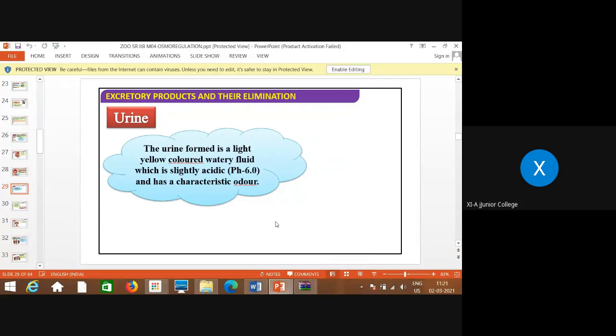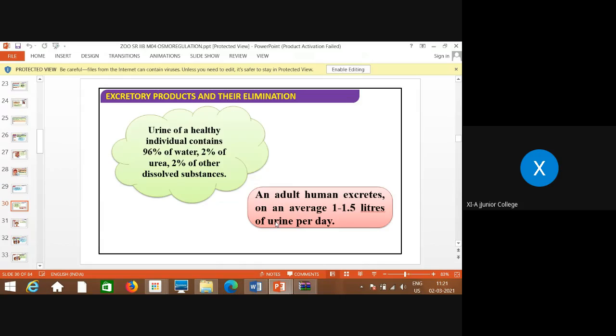So as I told you, urine formed is a light yellow colored watery fluid, slightly acidic, and has a characteristic odor. Urine of a healthy individual contains 96% water, 2% urea, and 2% other dissolved substances.